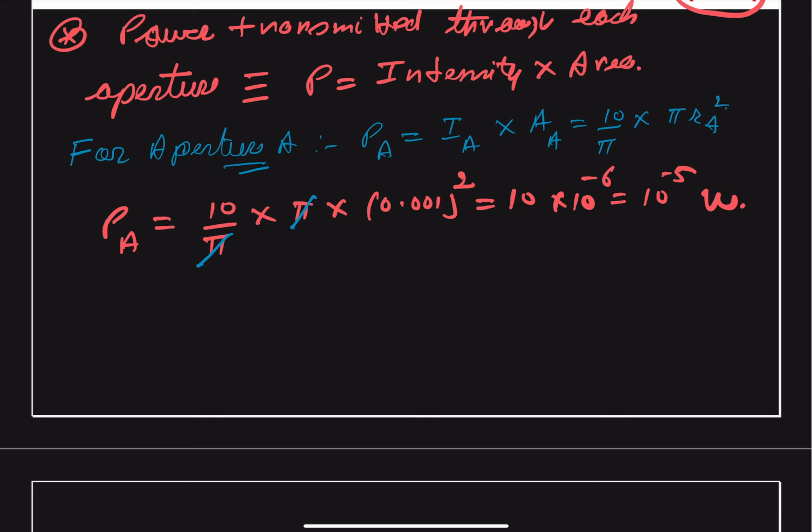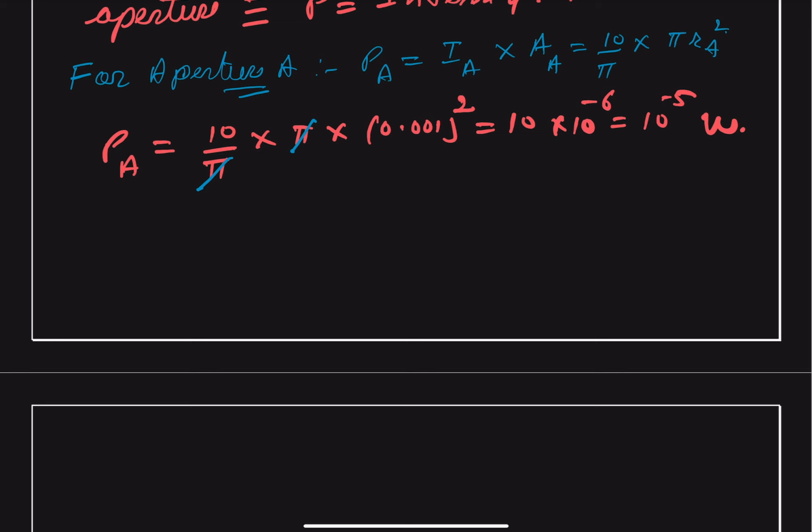Similarly, we can write for aperture B: PB is equal to intensity times area of B, which is 10 upon pi multiplied by pi RB square.